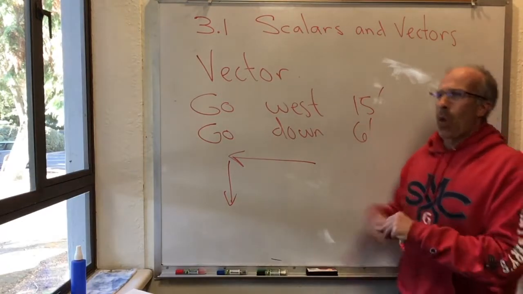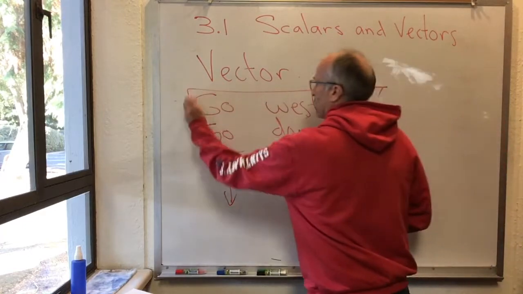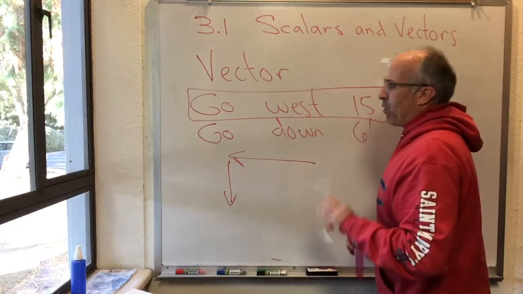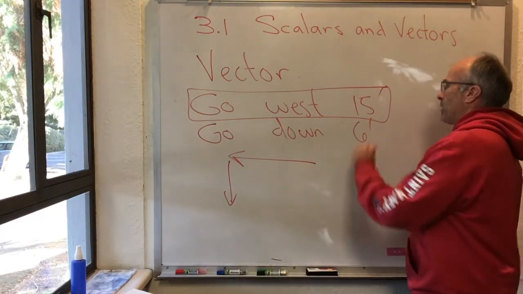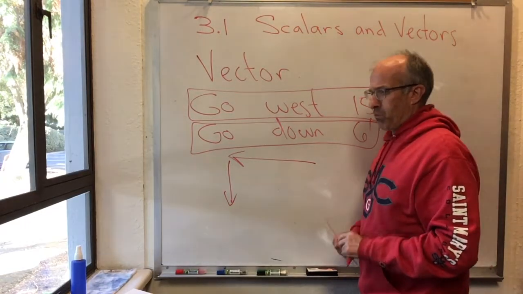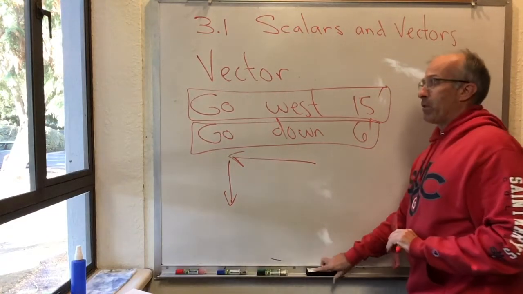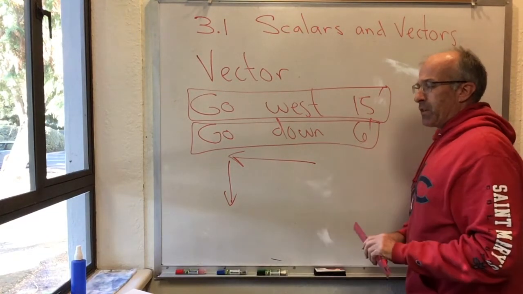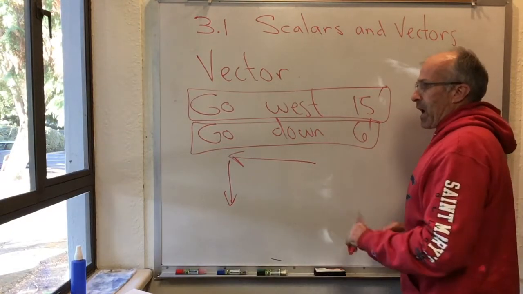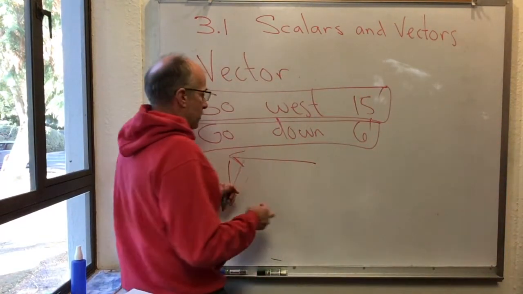But the idea of going west 15 feet is what's captured in this idea of a vector. And where I started is a whole other thing. And going down 6 feet is another thing that can be captured. I could go down 6 feet from right here, or from over there. Going down 6 feet is a good example of a vector, and it does not actually capture where you should go down.